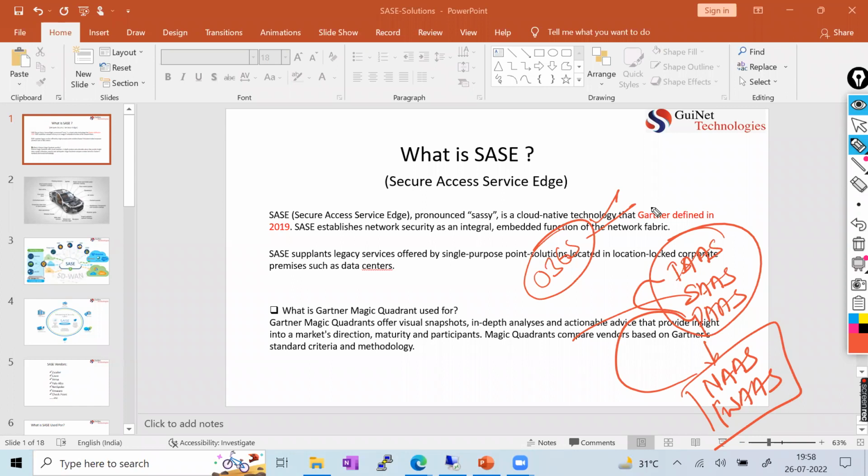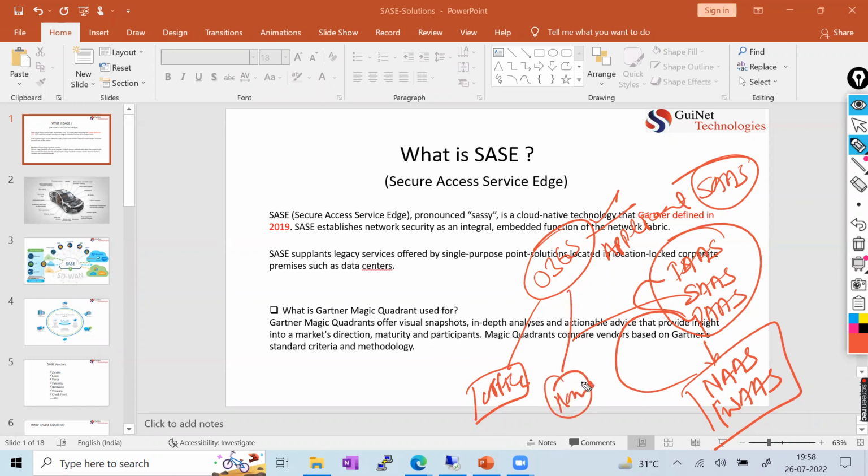Nothing to worry about in the hardware infrastructure. You're just using the application, Office 365. That is a SaaS application.